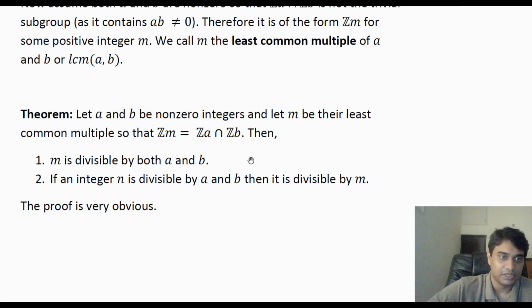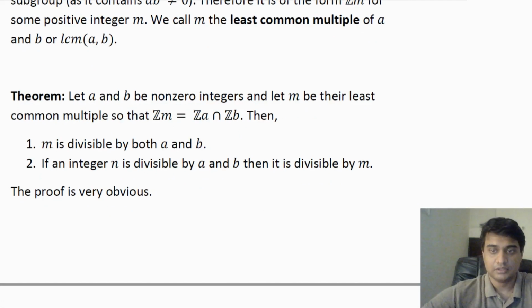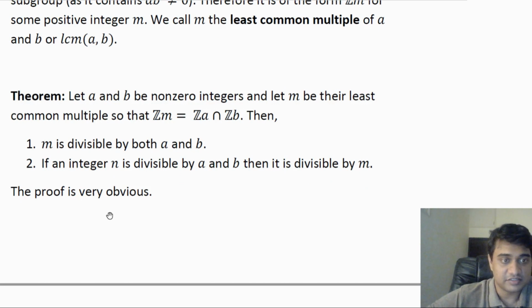Then M is divisible by both A and B, and if an integer n is divisible by A and B, then it is divisible by M. So the first property says that M is a multiple of A and B both.